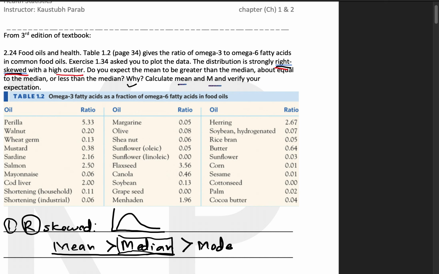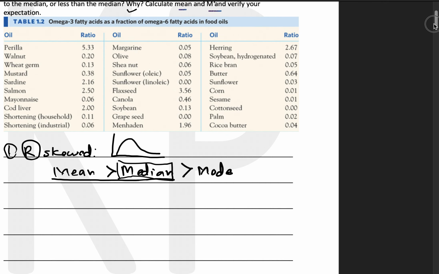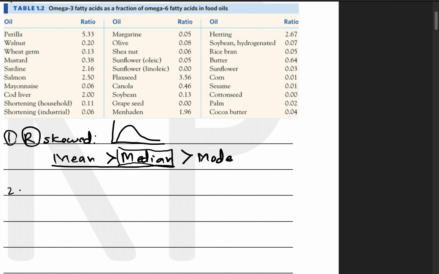Next sub question is calculate mean and M, that stands for median, and then verify the expectations. So first, calculating mean, we always represent in the form of x bar, considering that it is a mean for sample. And we know that that's nothing but summation of all the x values divided by total number of data points we have.